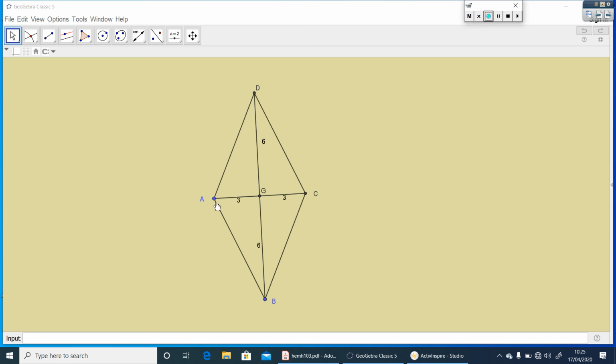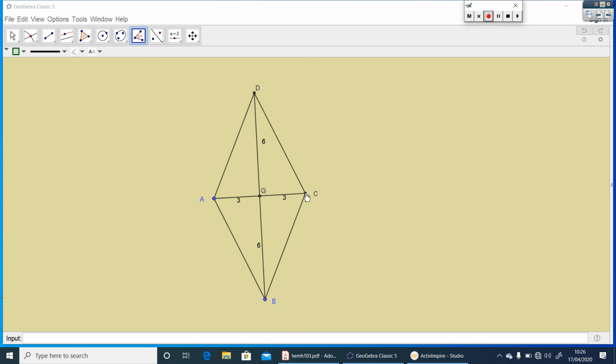Here AG and GC are 3 units each, similarly GD and GB are 6 units. That means these two diagonals are bisecting each other. That is a property of a parallelogram: diagonals bisect each other.